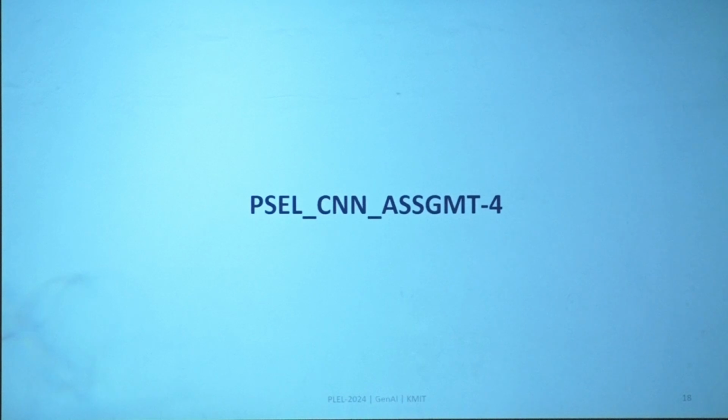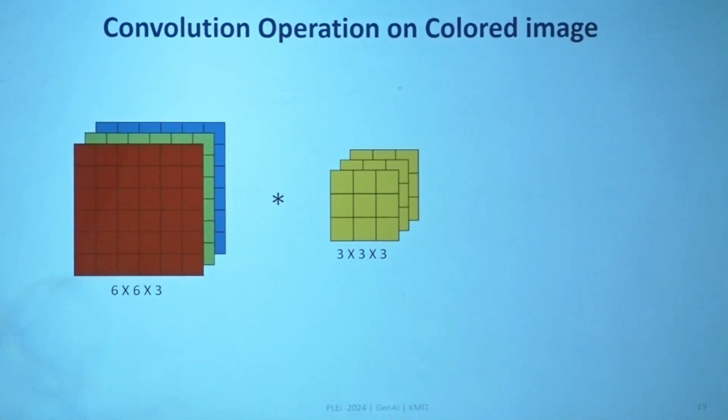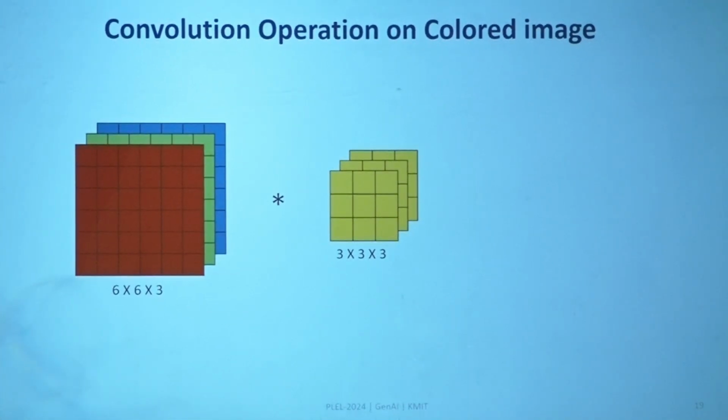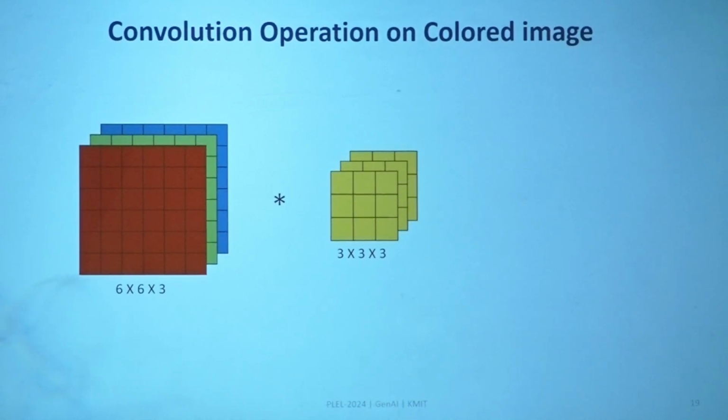So, we are done with this part. We discussed the concept of convolution operation with a grayscale image, right? If you are performing the convolution operation with a color image, a 3 channel red, green, blue image, how will it be done? The image is represented as a 3 channel 6 by 6 image stacked across red, green and blue channels, and the same way the filter is also supposed to be taken: a 3 channel filter.